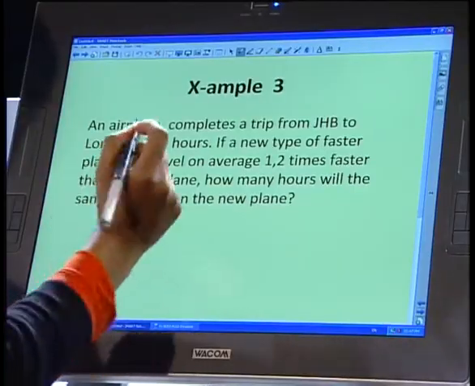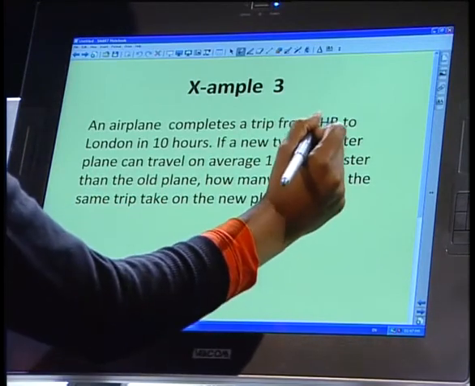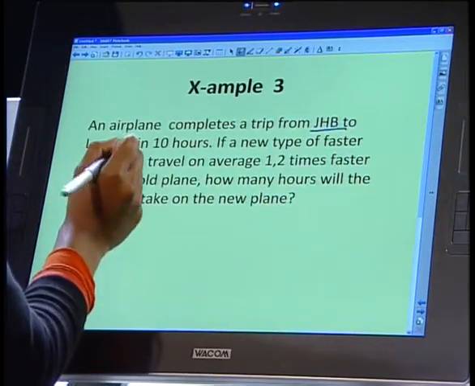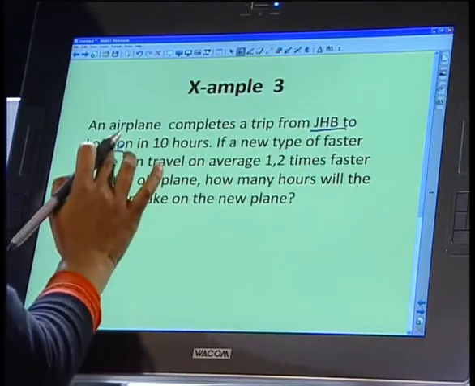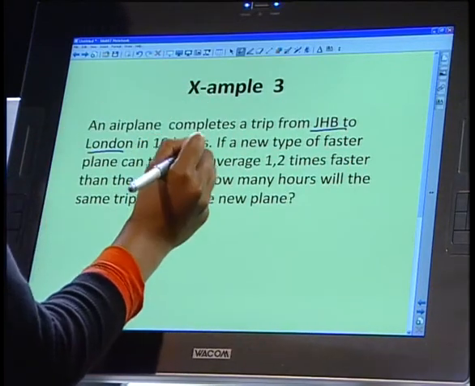All right. So guys, example 3 is an example using inverse proportion. So bearing in mind that speed is inversely proportional to time, let's look at example 3. Here we are told that an airplane completes a trip from Joburg to London. So your journey goes from Joburg to London and it's in 10 hours.